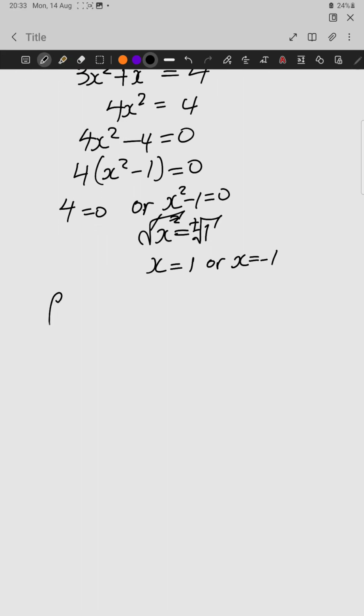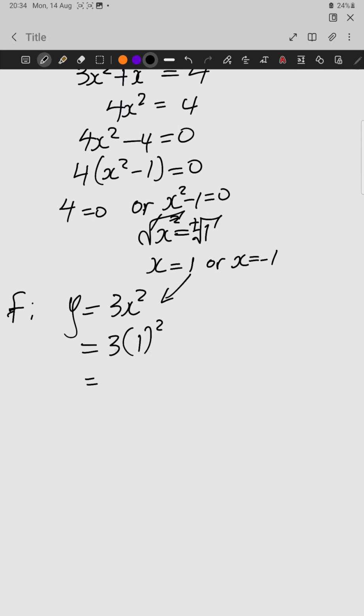So now we're going to say y is equal to 3x squared. I said the negative one is for e and the positive one is for f. So if we put in positive 1, I'm looking for f: 3 into 1 squared is just 3. That is the y value.